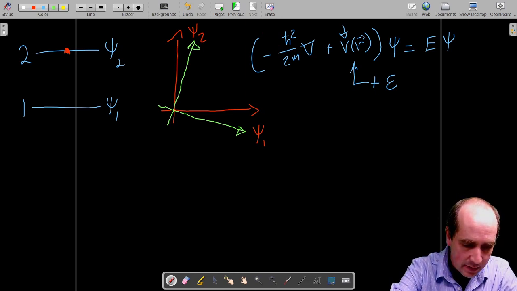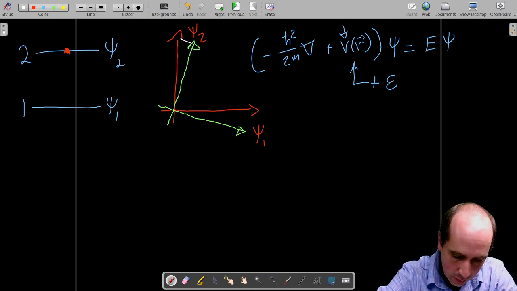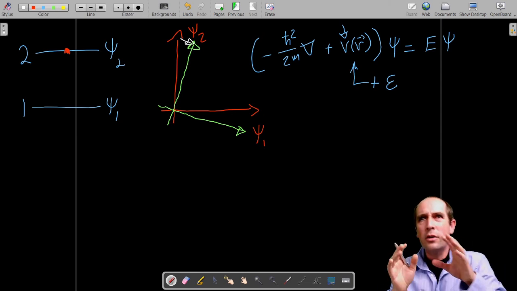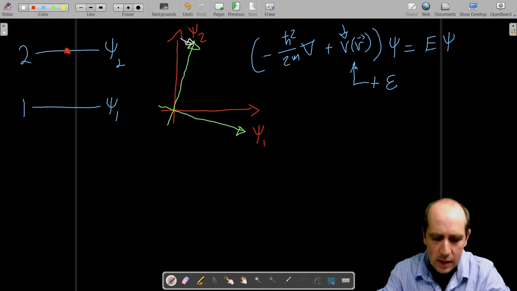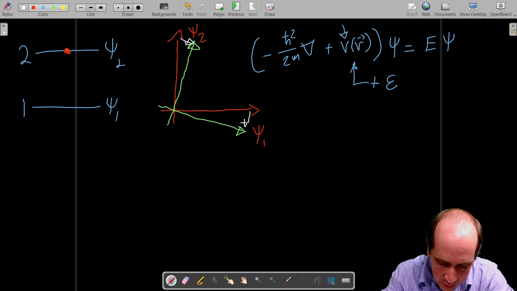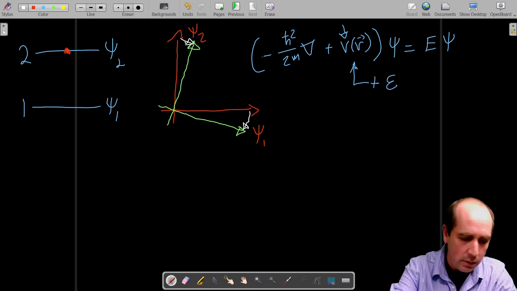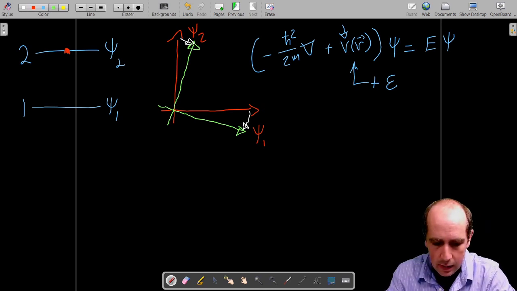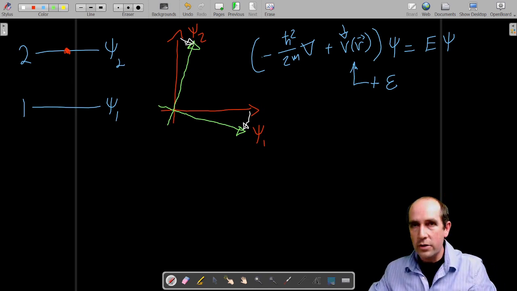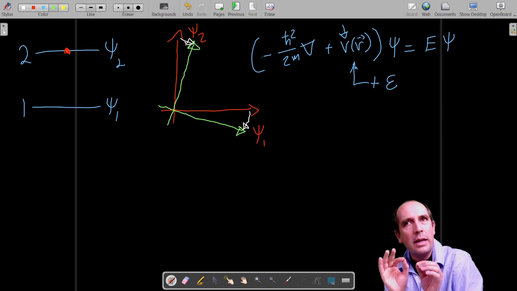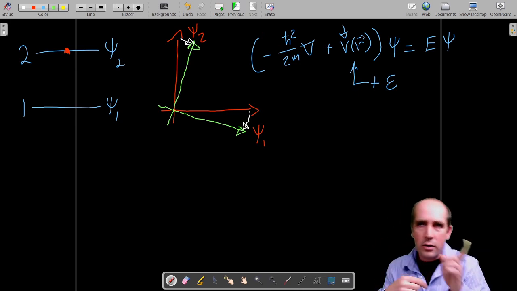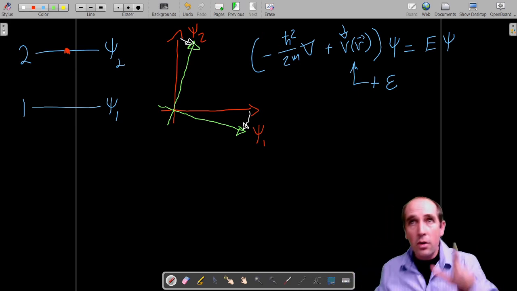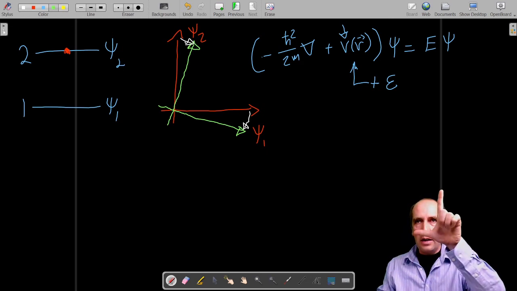So this means that there will be these very small changes, although here it looks big, it's really a very small change, in the wave functions. So the wave functions that solve this new Hamiltonian that has a little bit of electric field pointing in one direction or the other will be slightly different.